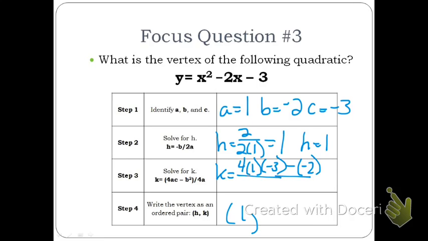Watch what I do here. Because it's negative, this is important. I'm going to put it inside parentheses, because if you do not put those in parentheses, especially if you're using a calculator, your calculator will only figure out what 2 squared is equal to, which is 4, and then you'll be subtracting 4.